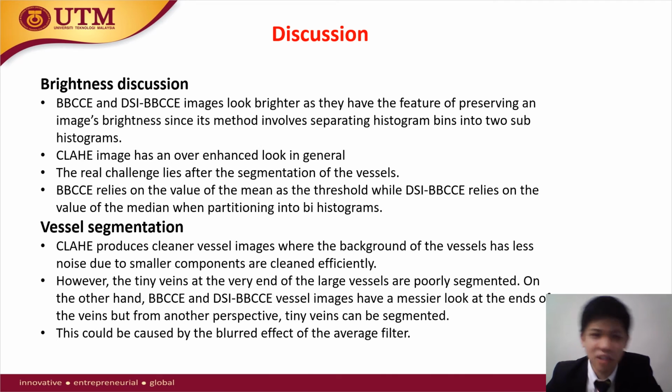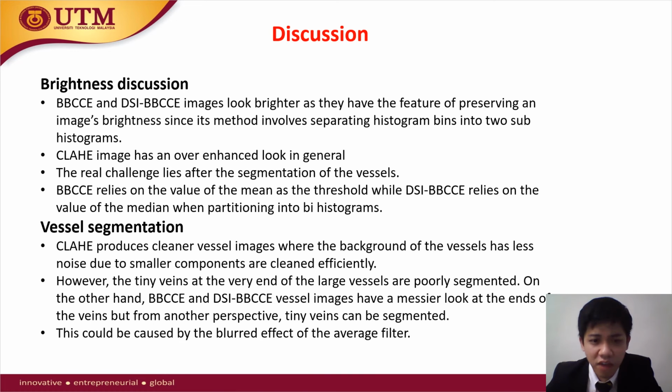The real challenge lies after the segmentation of the vessels. BBCCE relies on the value of the mean as the threshold, while DSI-BBCCE relies on the value of the median when partitioning into bi-histograms. For the vessel segmentation discussion, CLAHE produces cleaner vessel images where the background of the vessels has less noise, as smaller components are cleaned efficiently.